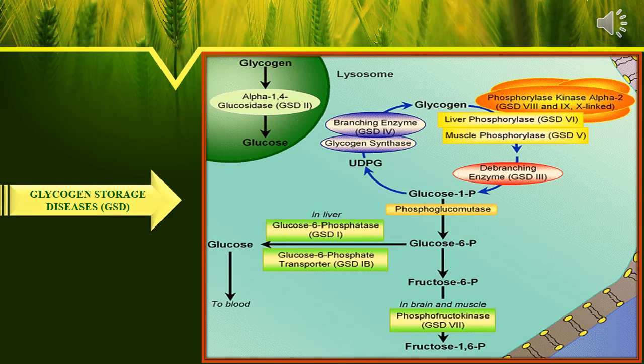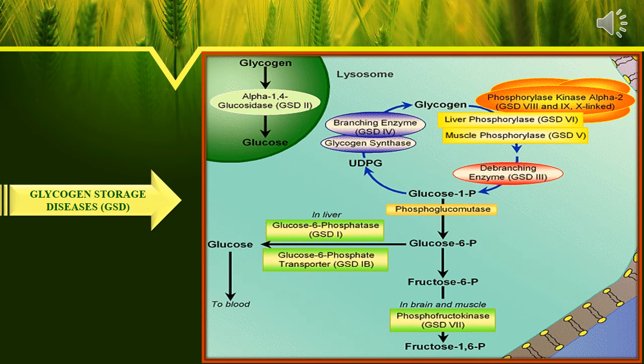Let's see what glycogen storage diseases are. What are GSDs? Glycogen storage diseases arise due to deficiency of various enzymes involved in glycogen metabolic pathways. And where are these enzymes present? In liver and muscles.